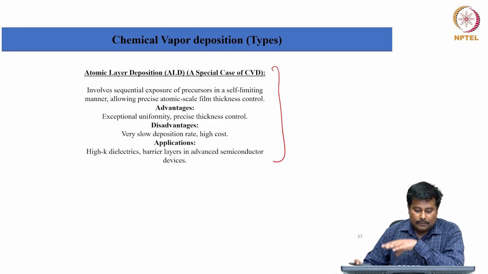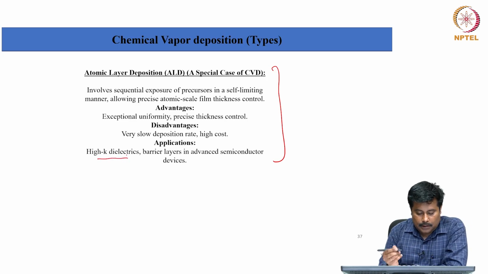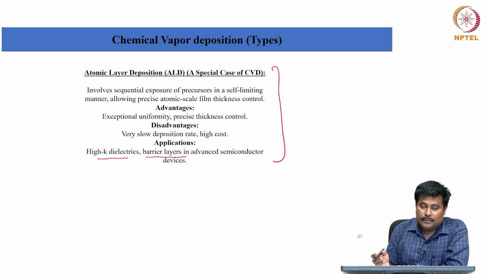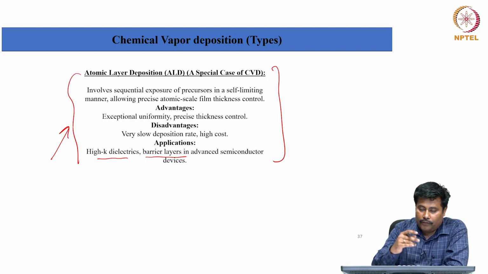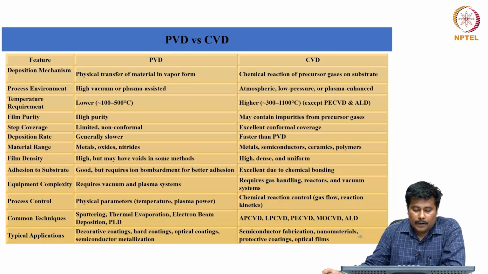The major disadvantage is a very slow deposition rate at higher cost. From an application point of view, materials like high-k dielectrics and high barrier layers in advanced semiconductor devices can be easily deposited using this atomic layer deposition.